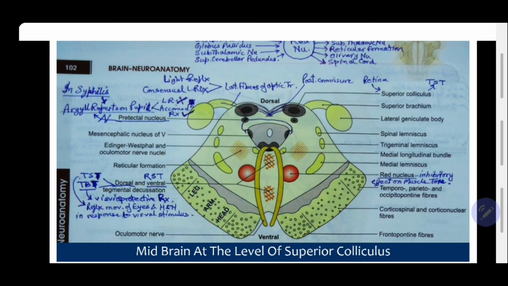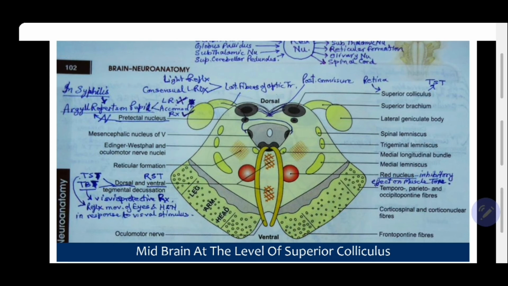The thin root, the medial root of the optic tract, forms the supraoptic chiasma, while the majority of the fibers reach the LGB. From LGB, the majority of the fibers go backwards and form the optic radiation, which reaches the primary visual cortex in the calcarine sulcus, area 17.